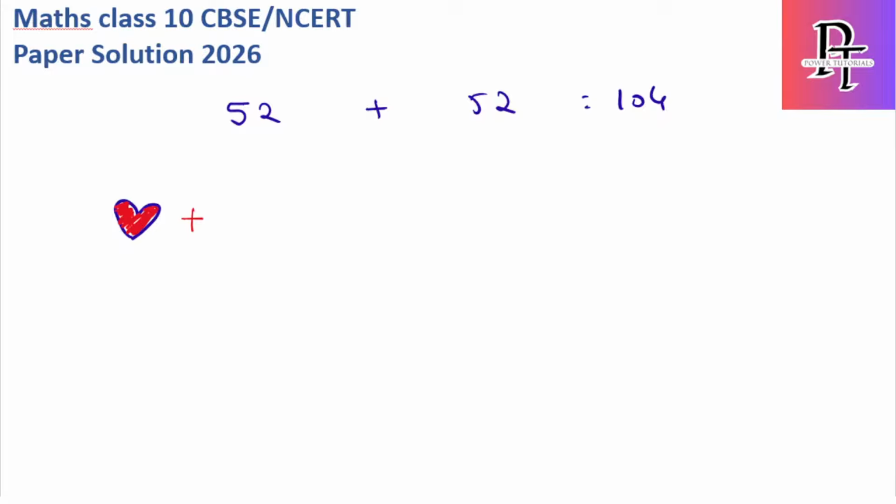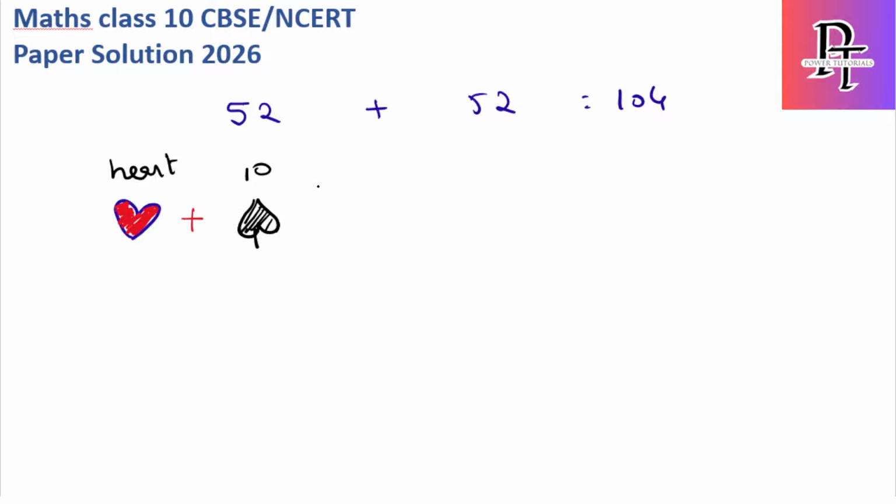Spade is black in color. The Spade design will be something like this. So this is Spade, and this is 10. This we already know is Heart.